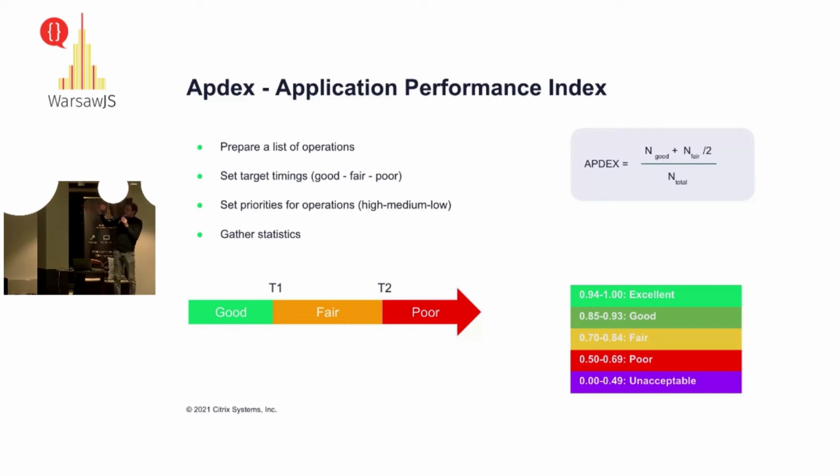It's an aggregation of the number of good performance events and fair performance events, according to this formula. And we divide all this by the total number of events. So as an output, we have this scale. Everything above 0.85 is good.